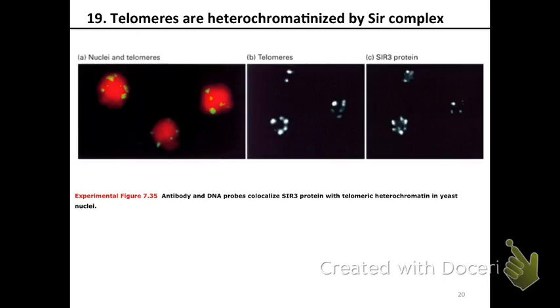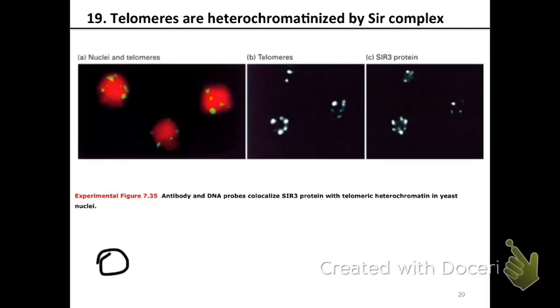All right, so what we're looking at here is an immunofluorescence analysis of SIR proteins. Similar type of concepts. What you do is you are interested in where a protein is in the nucleus, okay? So the first thing that you do is you generate antibodies that are going to specifically bind to that protein.